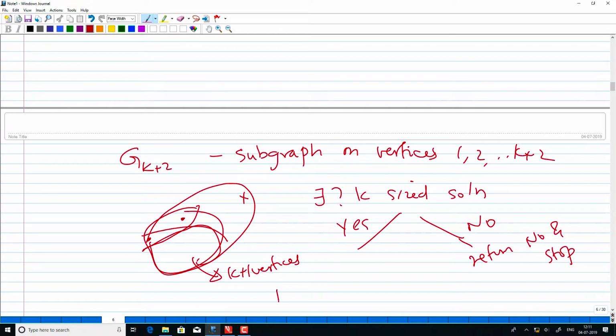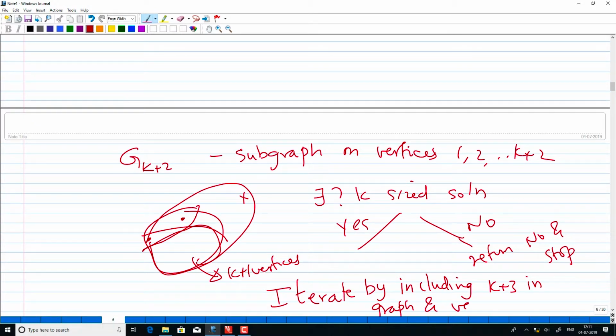So I'm going to just say iterate by including vertex k plus 3 in the graph and the vertex cover.